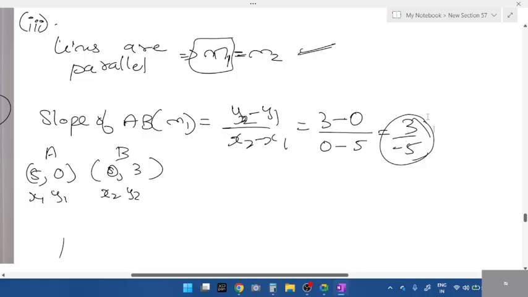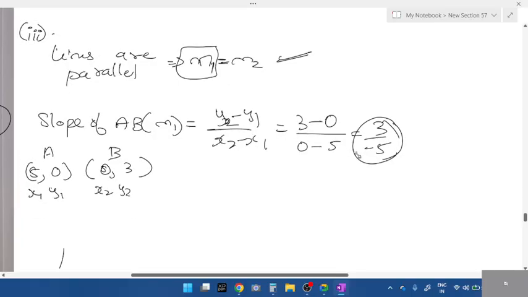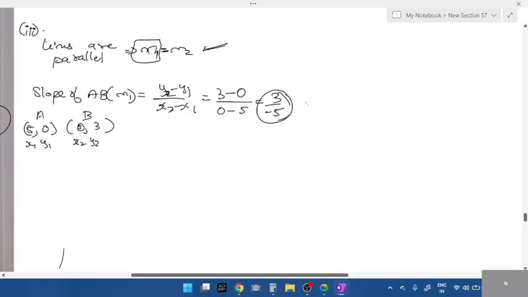This is the second step. So you should be quick, students. You should be quick while solving. 3 divided by minus 5. If it is parallel, take M2 as same. Take M2 is equal to minus 3 by 5.